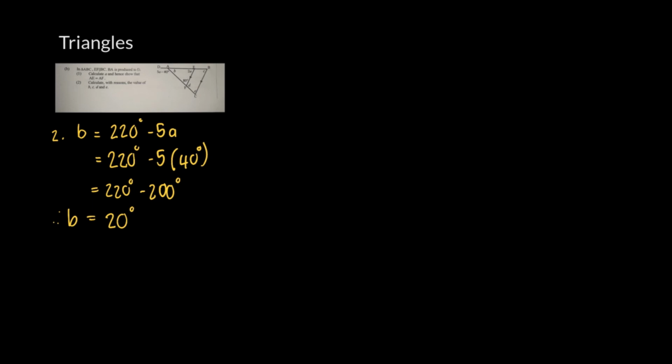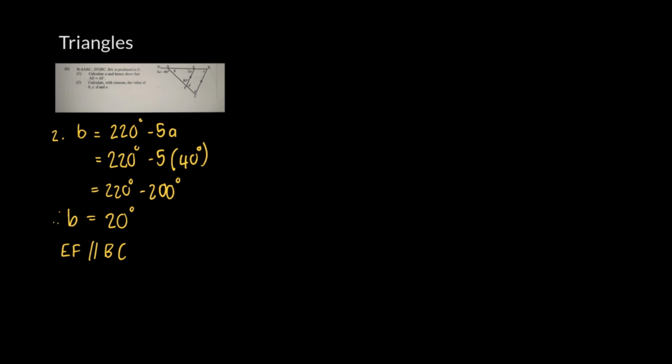Now, if we have to solve for C, you'll note that because EF is parallel to BC, then we can use the properties of corresponding angles, alternate angles, and co-interior angles.